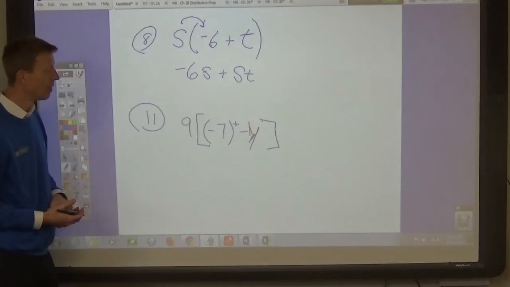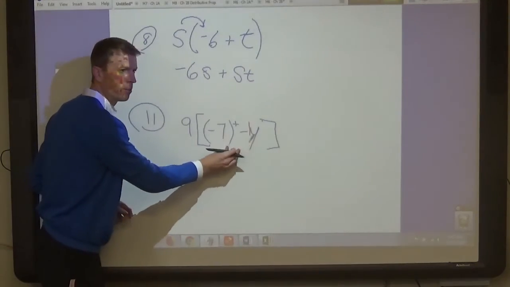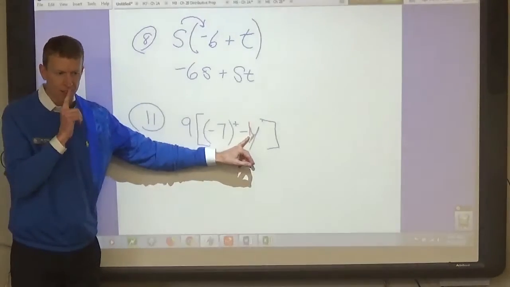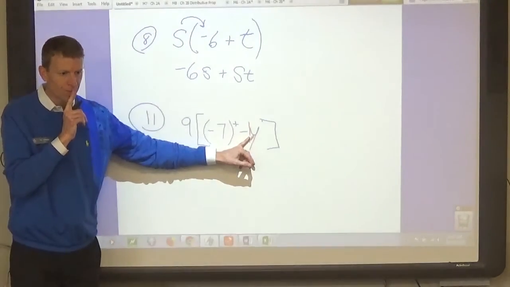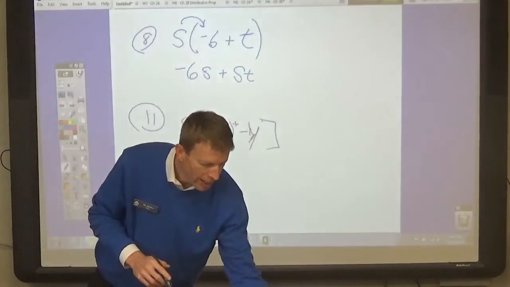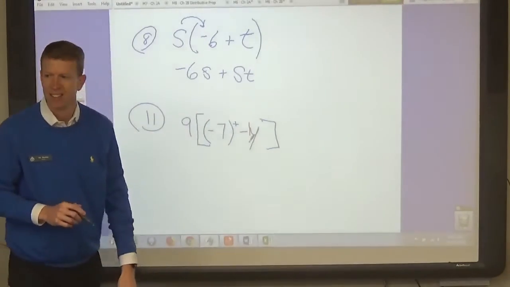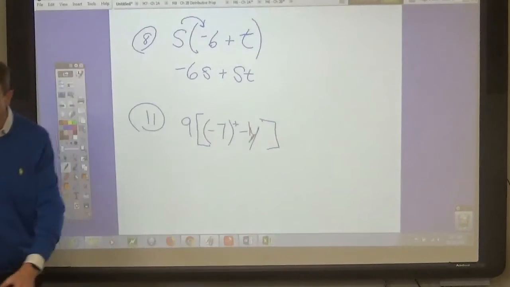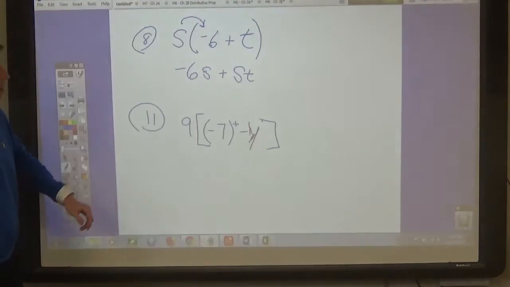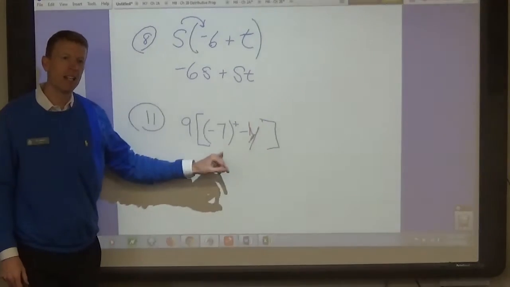So, is there anything more we can simplify inside? Can we add these together? Andreas, focus. You're not even on the right page. We're on number 11. Come on. Armand, is there anything more we can add here?